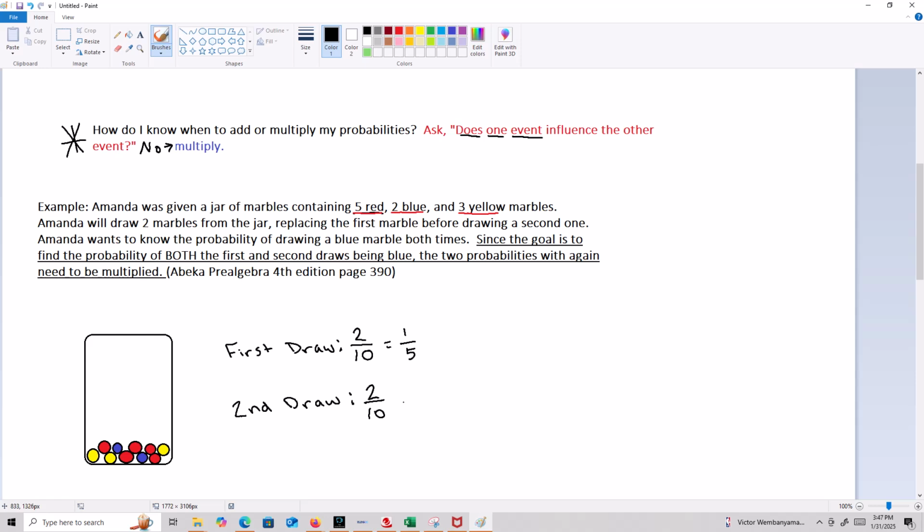They are independent of one another. So we have independent events, so we need to multiply. 1/5 times 1/5, and the probability of getting 2 blues would then be 1/25.